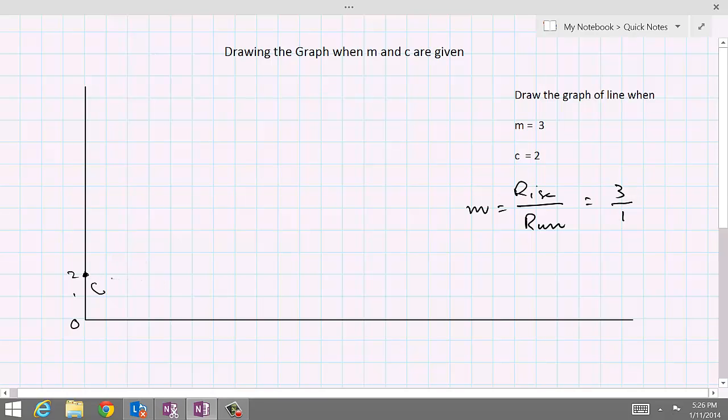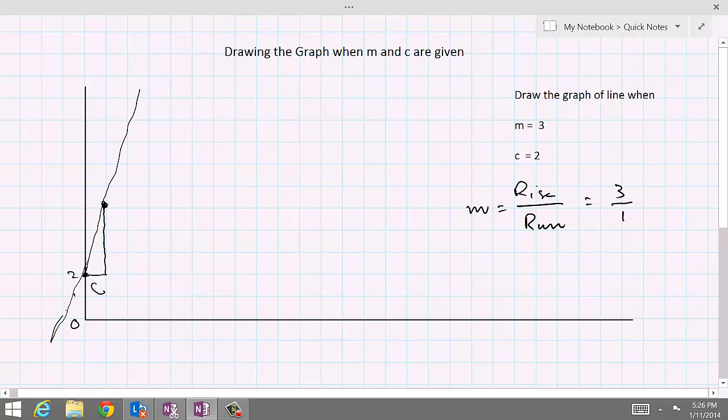Positive always goes to the right. So we go 1 unit toward the right and 3 units up, and we reach this point. Joining these 2 points and making a straight line through them will give us a straight line.